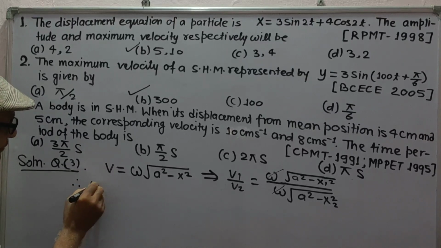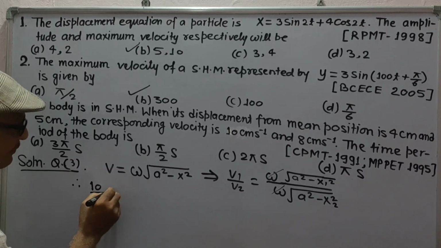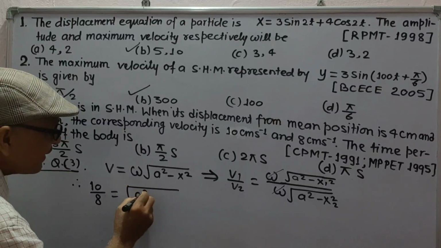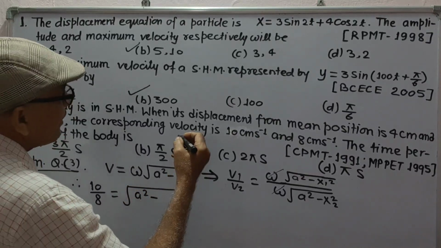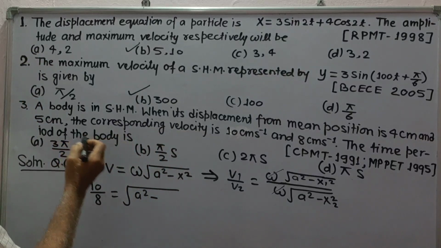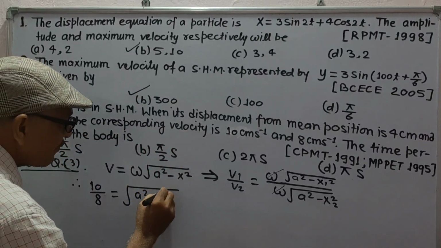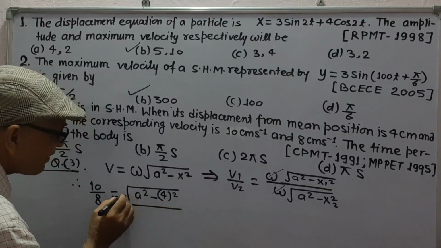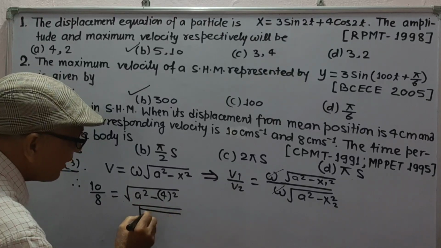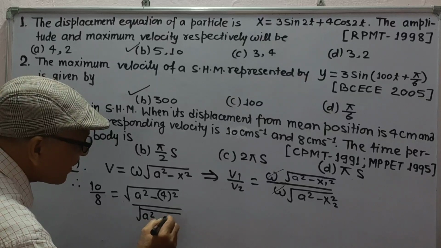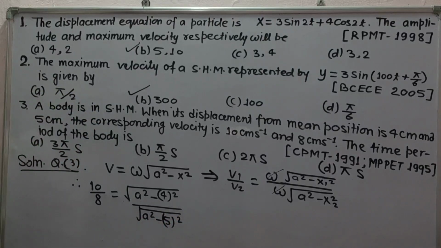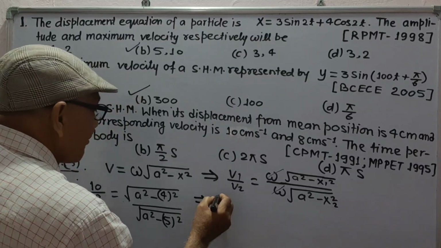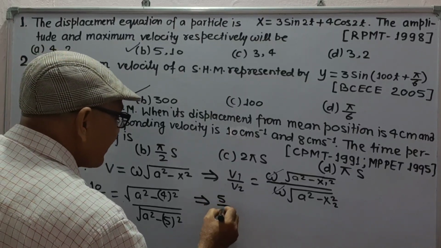v1 is 10, v2 is 8, equal to root of A square minus 4 square upon root of A square minus 5 square, which gives 5 by 4.